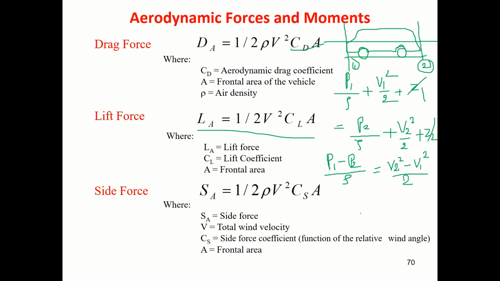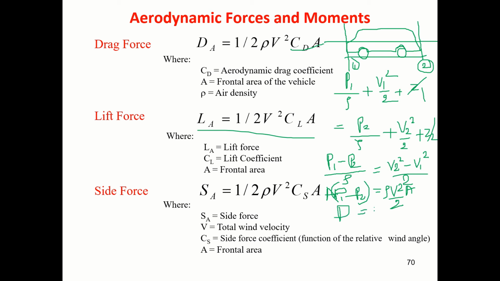This is the pressure drag you can call it. So let us say V2 squared minus V1 squared, let me represent simply by V squared by 2. And this rho I'll bring here: P1 minus P2 equals rho V squared by 2. Let me multiply this by the projected area, say A. So this you can call the drag force, pressure drag.